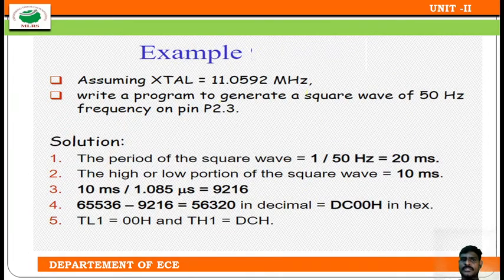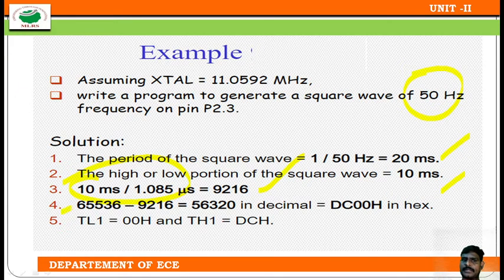Suppose, assuming the crystal oscillator, write a program to generate 50 hertz frequency. So here I want to generate 50 hertz. What is the initial value? 50 hertz is nothing but a 20 millisecond period. If it is a square waveform, 10 milliseconds it should be on and 10 milliseconds off. So I divided 10 milliseconds by 1.085 microseconds, and got 9216 clock pulses.